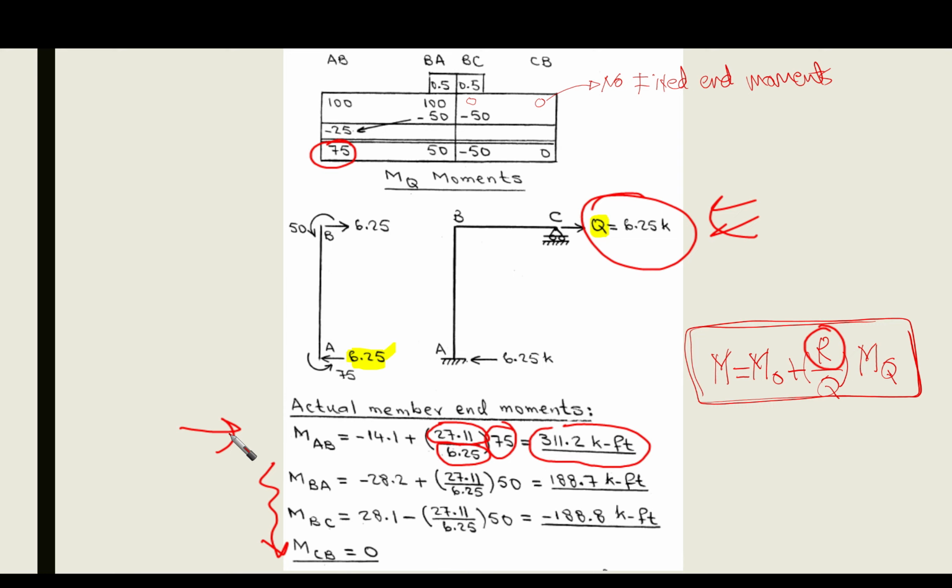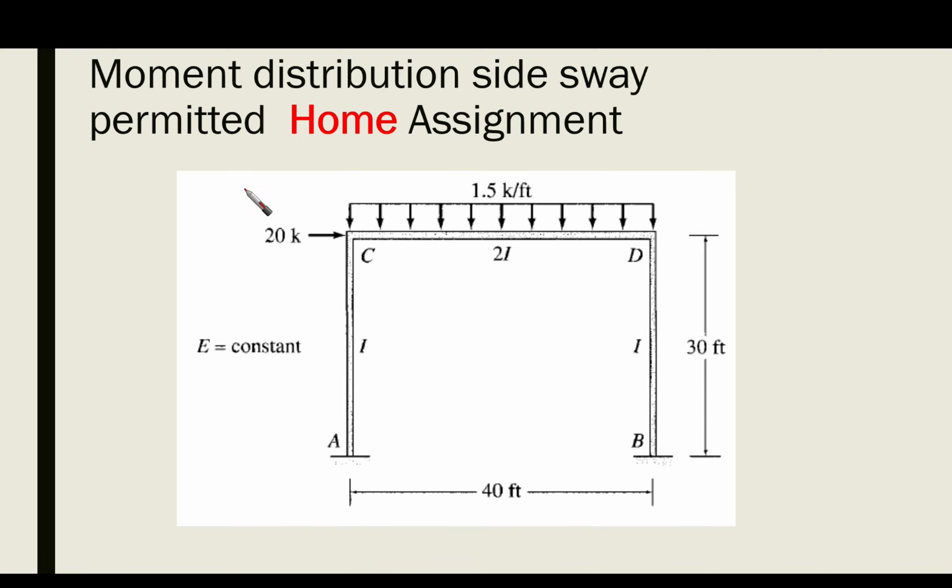Now let's go to another example, example number 2, and let's see how we can apply the two parts of our procedure in order to get the member end moments. So this is the frame, as we can see here. The span of the frame is 40 feet, and the height of the columns is 30 feet.